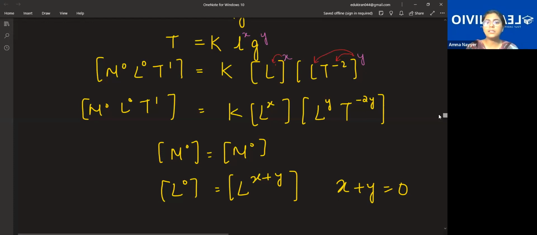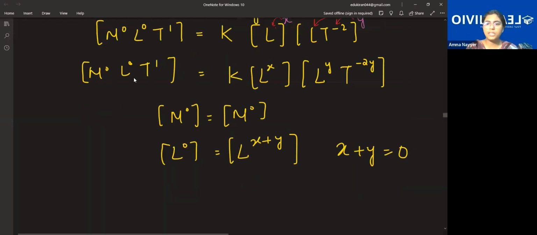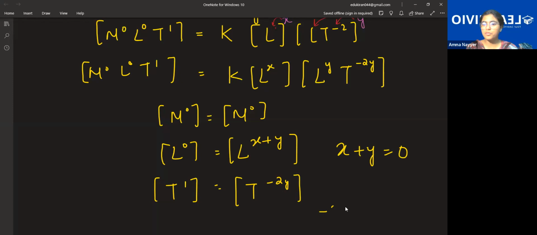If we calculate y from T, we'll get x. Look, T to the power 1 is present, right? And from here you have T to the power minus 2y. So we can say one thing, 1 is equal to minus 2y. So minus 2y is equal to 1.